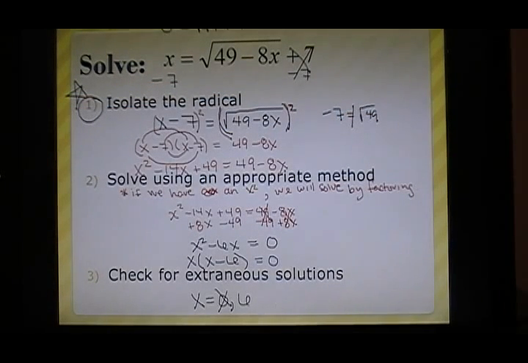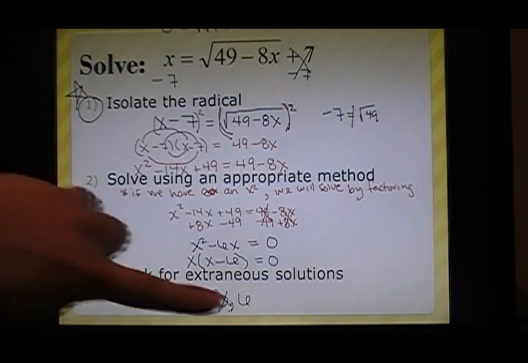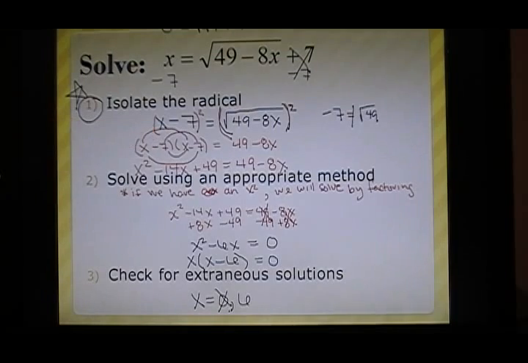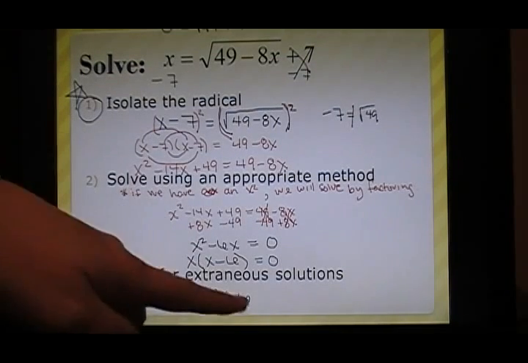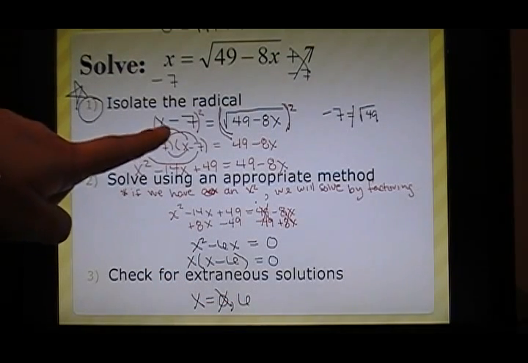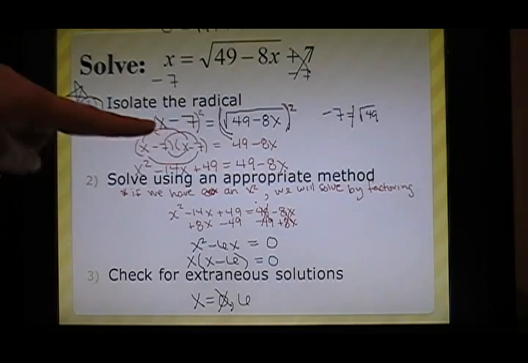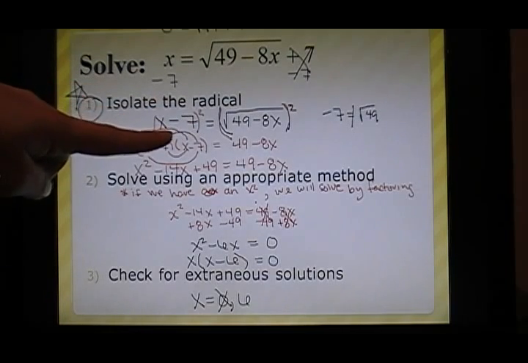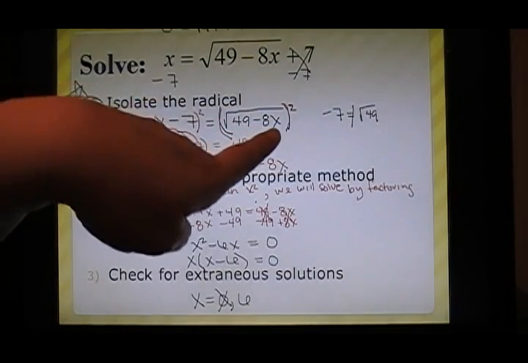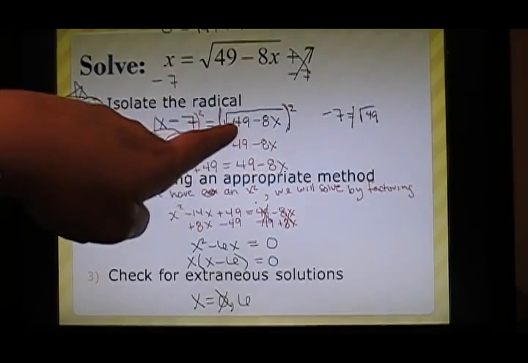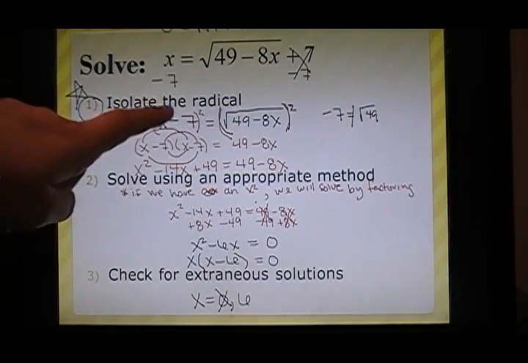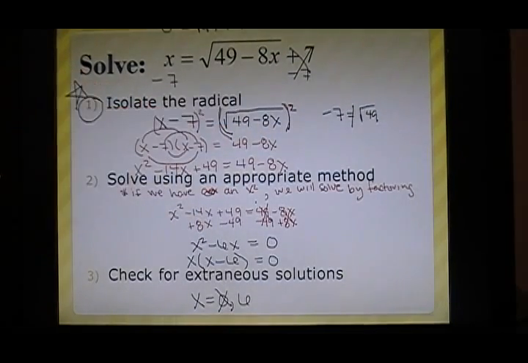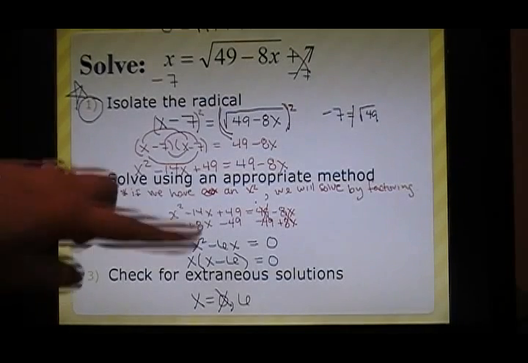Checking with 6 as well. If I can check in the isolated portion, I do, because it's a little bit easier to see. 6 minus 7 gives you negative 1. 49 minus 8 times 6, which is 48, gives you positive 1. And negative 1 equals the square root of 1. That's false as well.